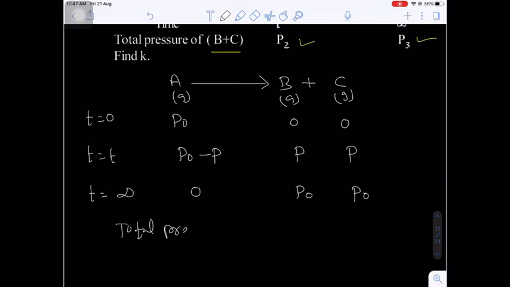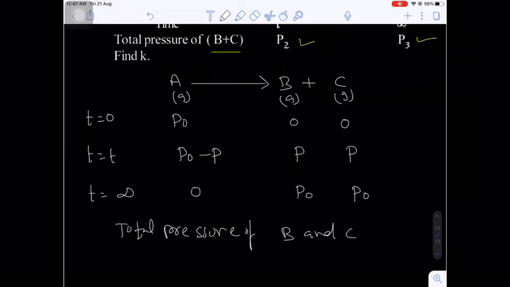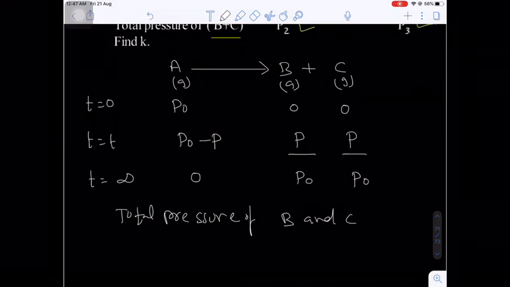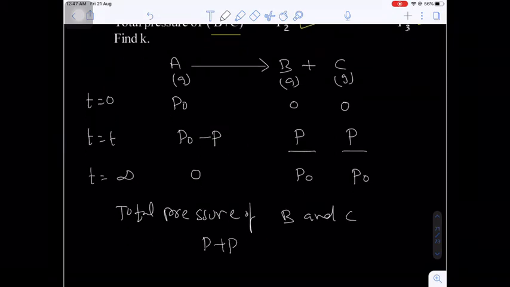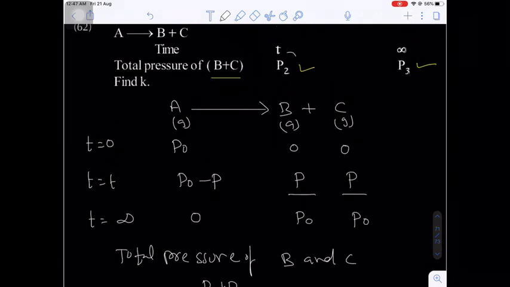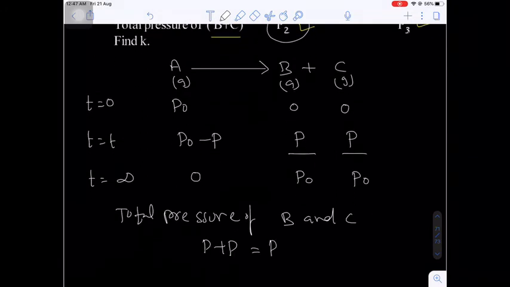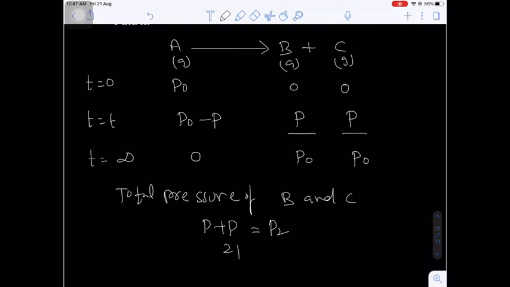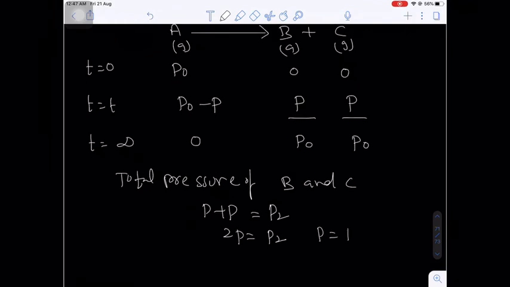Now in the given question, what is the total pressure of B and C at time T? P plus P, that is 2P, which is equal to P2 in the given question. So 2P is equal to P2, and from here P is equal to P2 by 2.